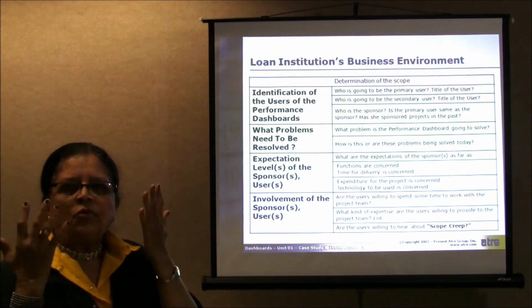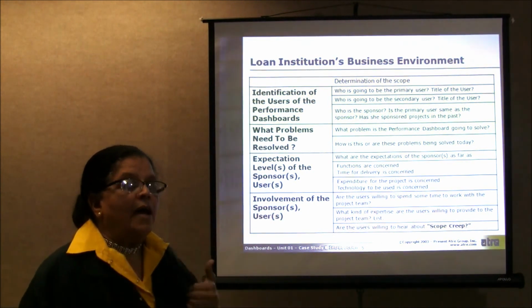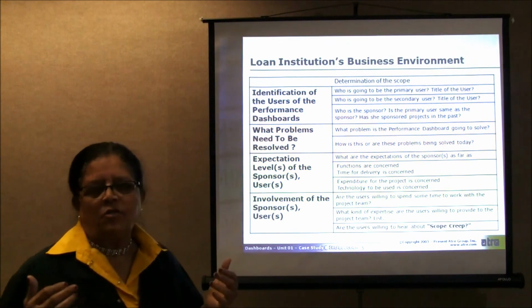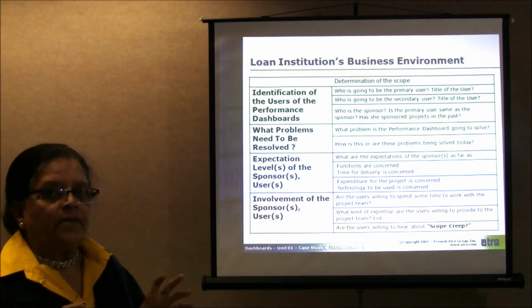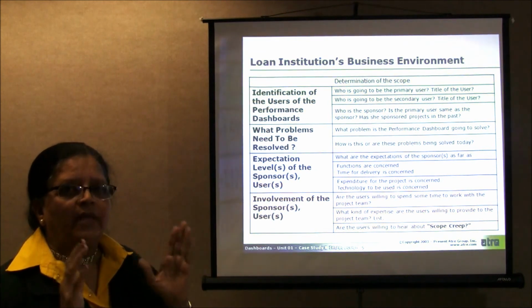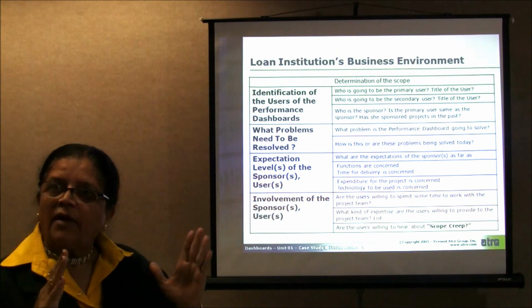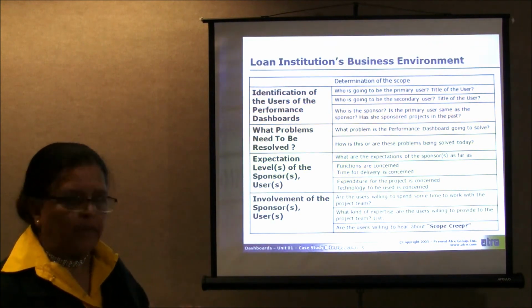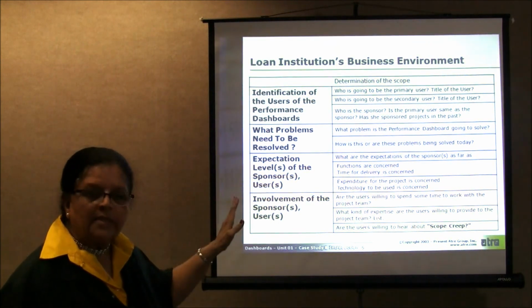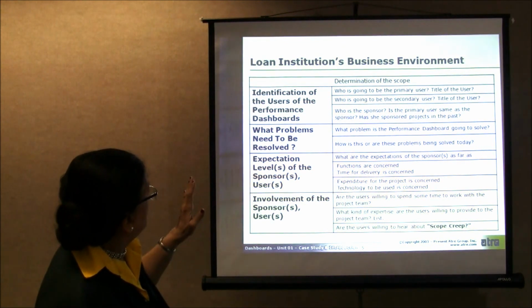Why do you have to have everything right up front? Because one thing I have experienced in all of these projects is that many times the users know what they want only after they have seen what they asked for. That's one of the big problems of scope creep, and this project is not an exception.